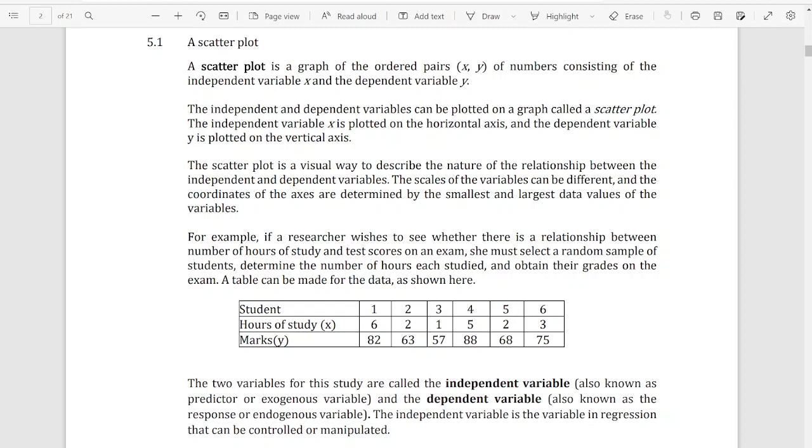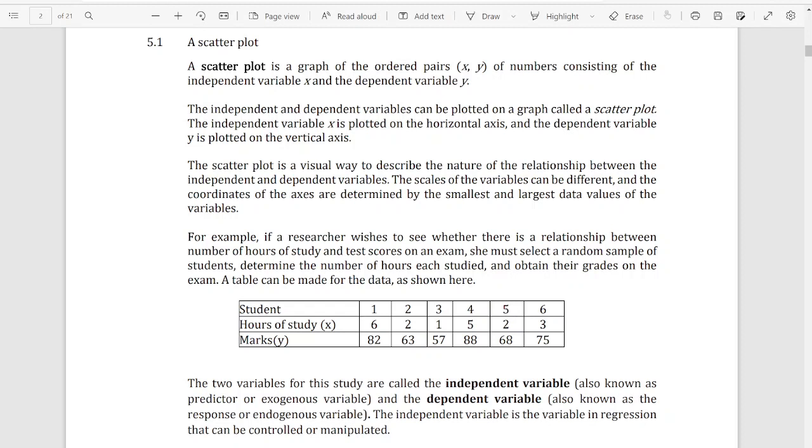Okay, the independent and dependent variable can be plotted on a graph called scatter plot. The independent variable X is plotted on the horizontal axis, and the dependent variable is plotted on the vertical axis. The scatter plot is a visual way to describe the nature of the relationship between the independent and dependent variable.